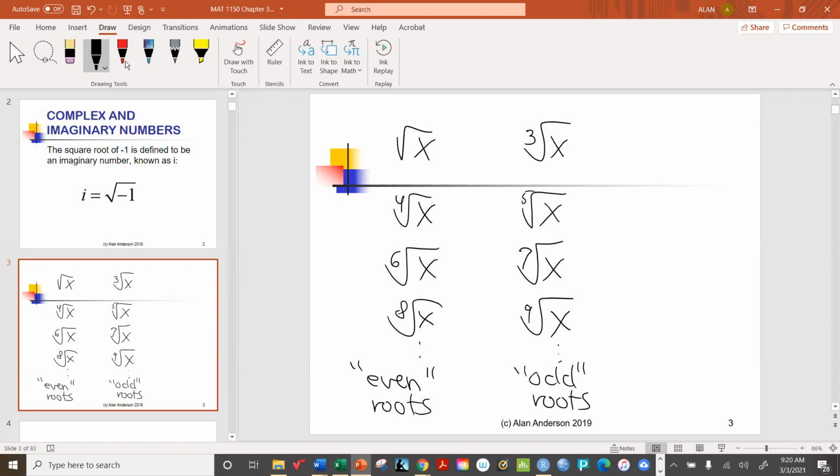So the difference between the two is that the odd root of a negative number is a real number.